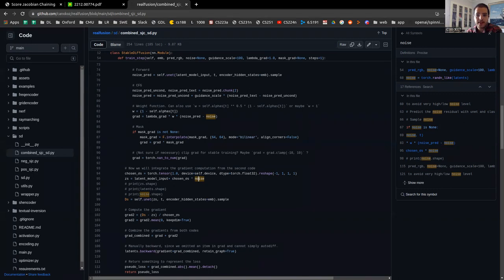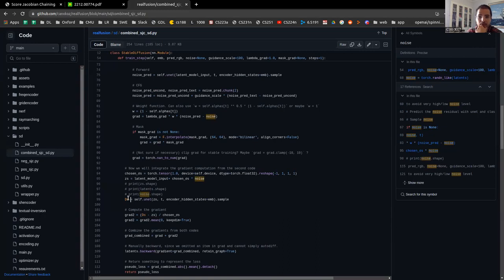Here, noise is added to the latent model input, scaled by chosen variance S. Then a denoised version of this noisy image, ZS, is created using the ViewNet model. This is the equivalent of model denoise in the second code, and it is stored in a variable called DS.